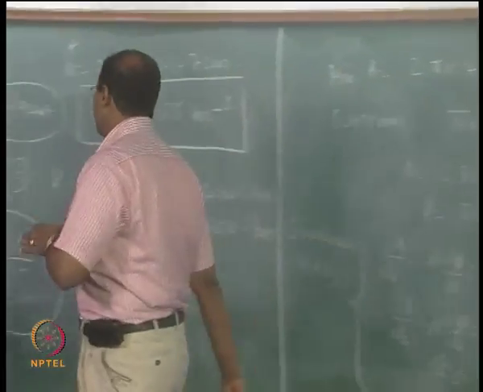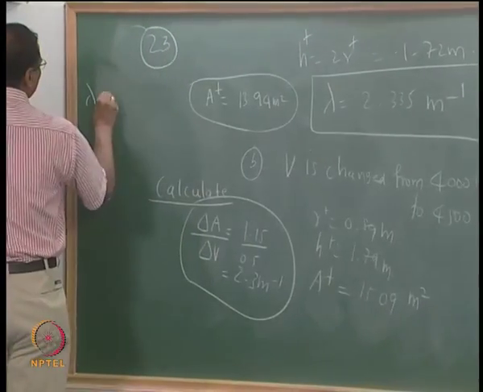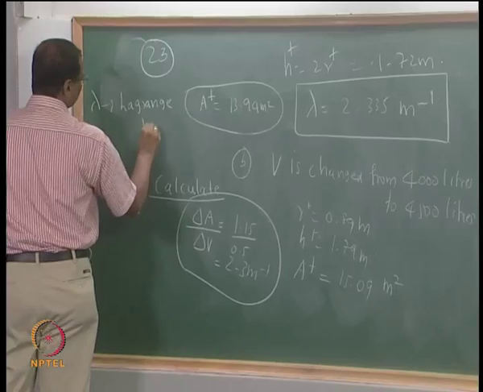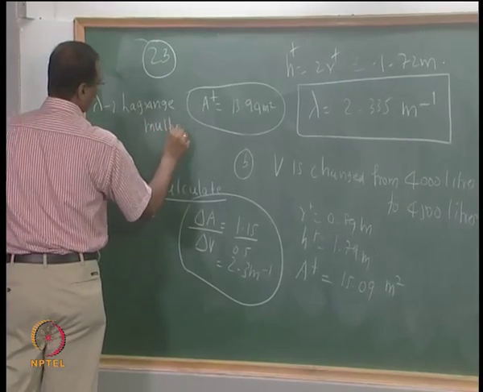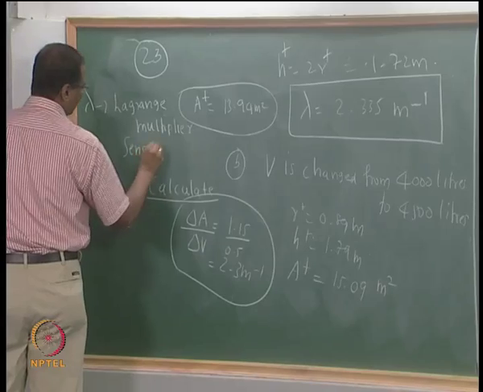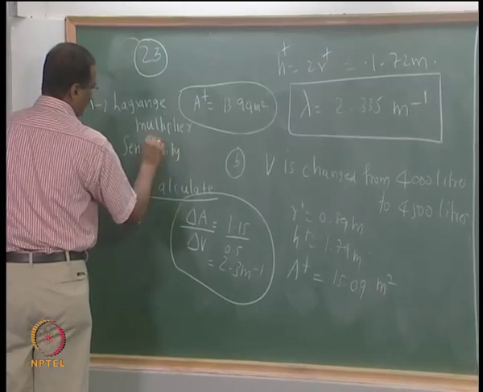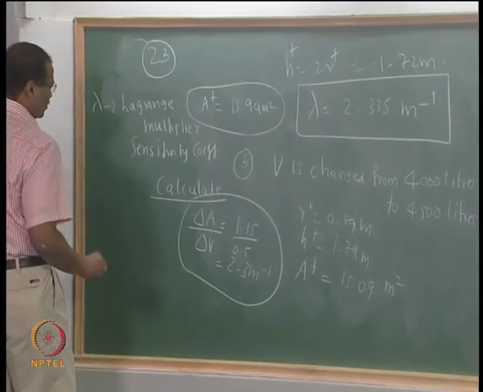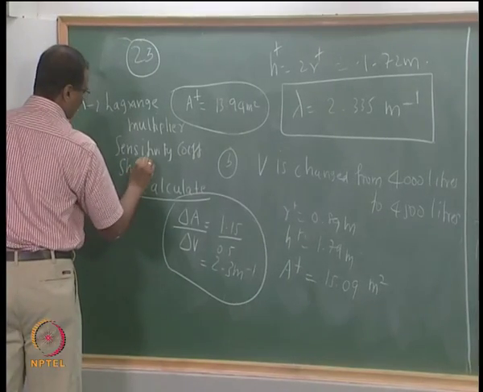Okay. So lambda is the Lagrange multiplier. It is also called the sensitivity coefficient. It is also called the shadow price.